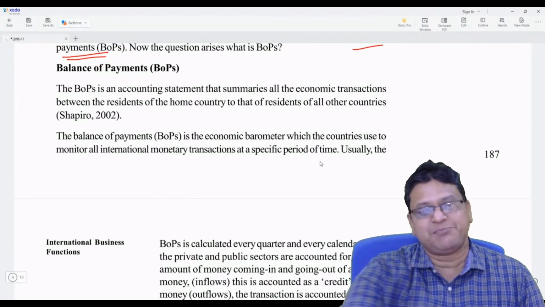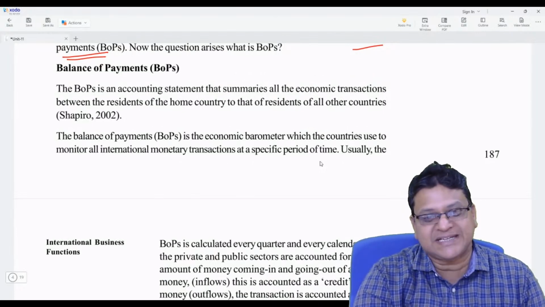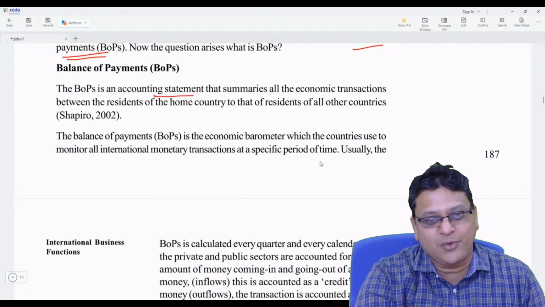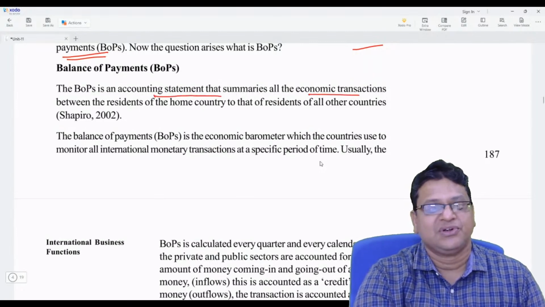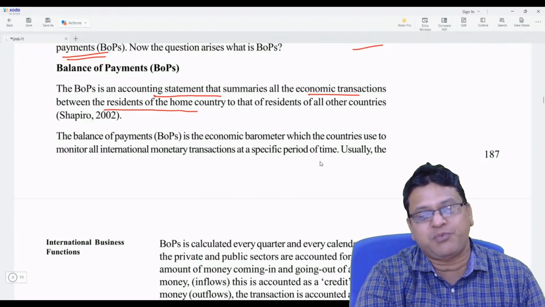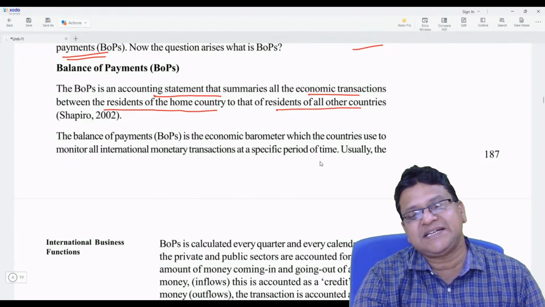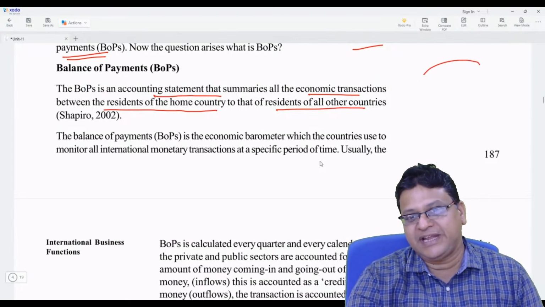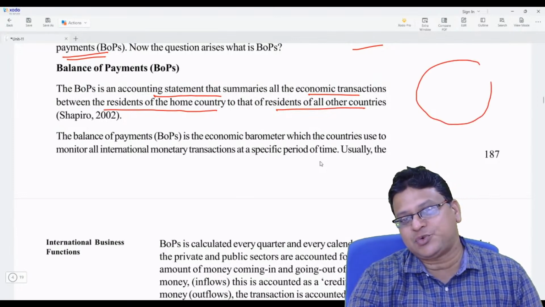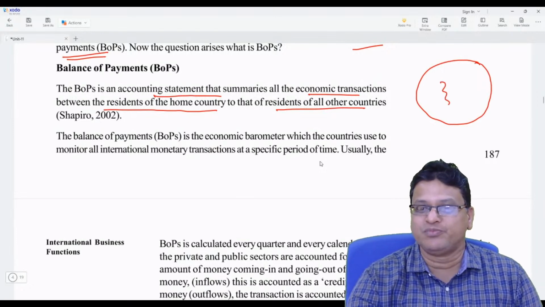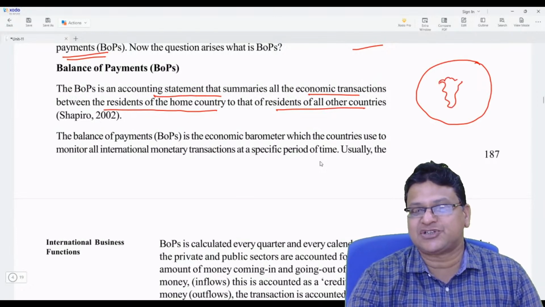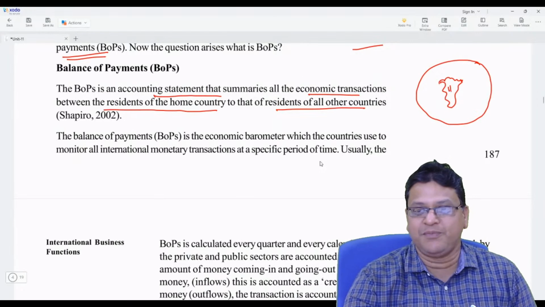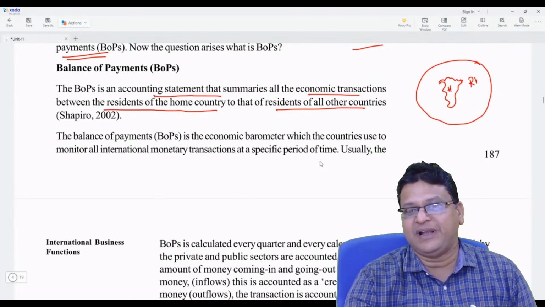BOP is a statement. It summarizes all the economic transactions between the residents of the home country and the residents of all other countries. For BOP, the entire world is divided into two parts. One is the home country, another is the rest of the world.